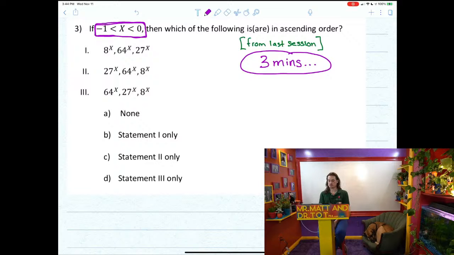Statement 2 says 27 to the x power, comma, 64 to the x power, comma, 8 to the x power. Statement 3 says 64 to the x power, 27 to the x power, comma, and 8 to the x power. Answer selection A is none, B is statement 1 only, C is statement 2 only, and D is statement 3 only. I'll give you 3 minutes.